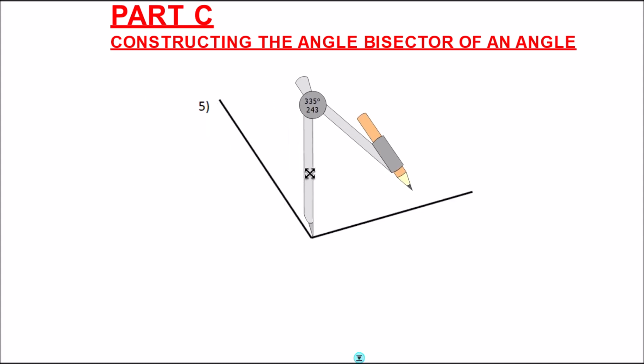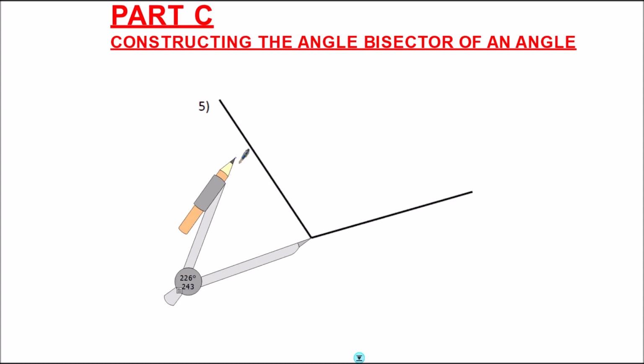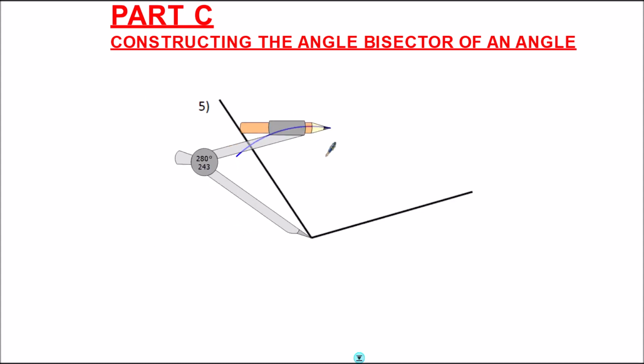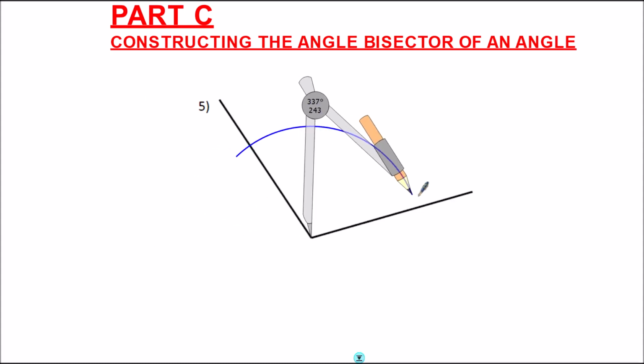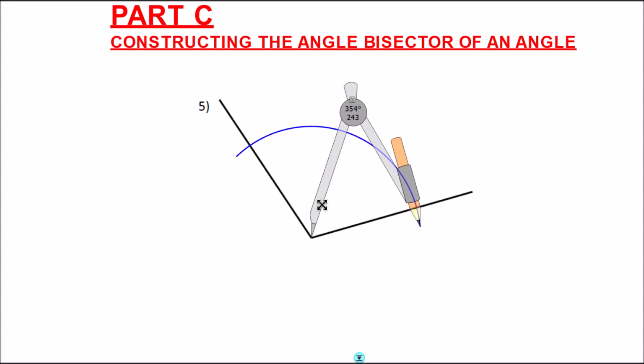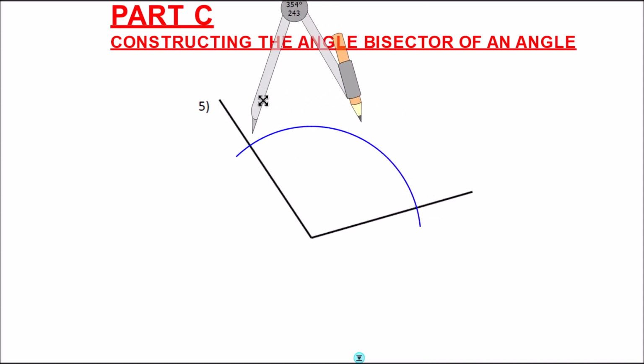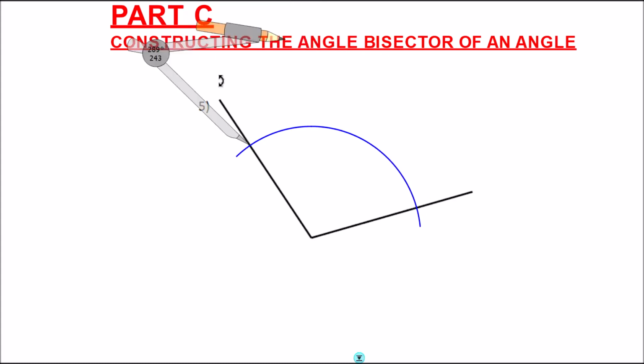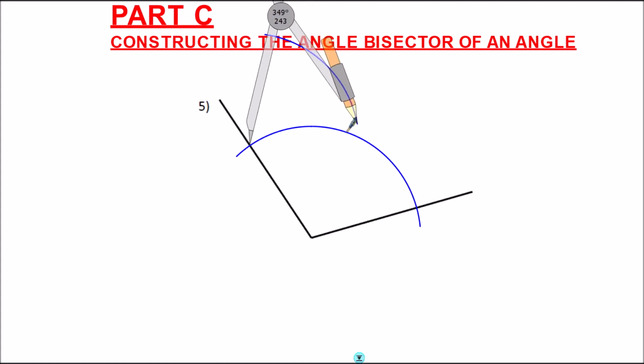Question 5, put the needle where the angle begins, do a big curve from one end to the other of the angle. Now, where the curve cut the line at one end, we're going to do another curve towards the middle of the angle like so.